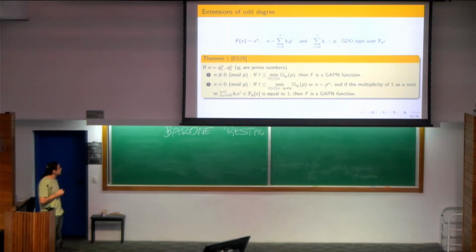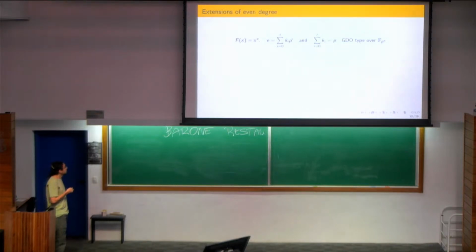But with this theorem, we cannot obtain extensions of even degrees, because if there is a 2 here, the order of any odd prime modulo 2 is just 1, and we will just have L equal to 1.